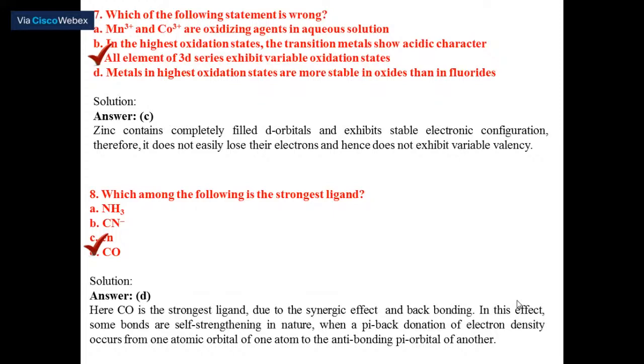When pi back donation of electron density occurs, the metal donates electrons to the antibonding orbital of the ligand. That is called back bonding. Because of this synergic effect, CO is a strong ligand.